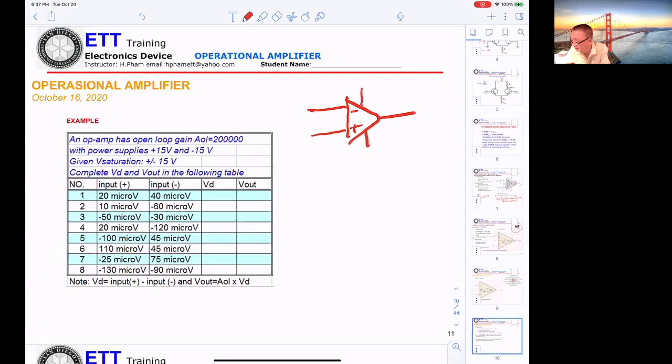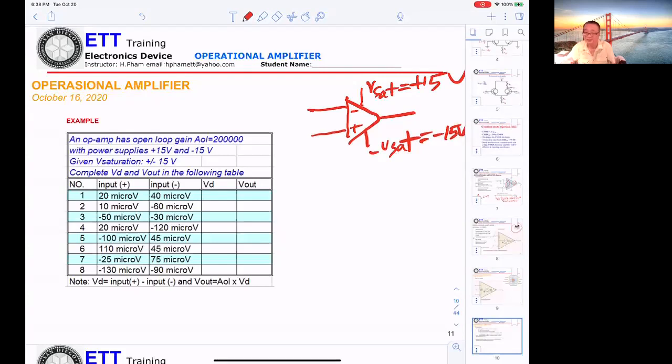They said saturate at 15 volt, and that is negative saturate at -15 volt.